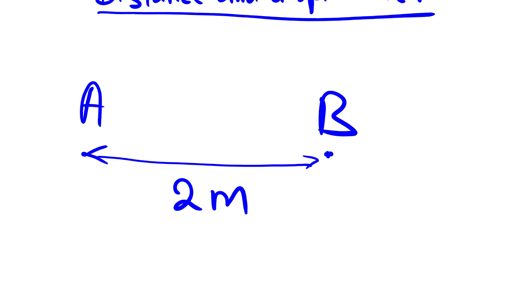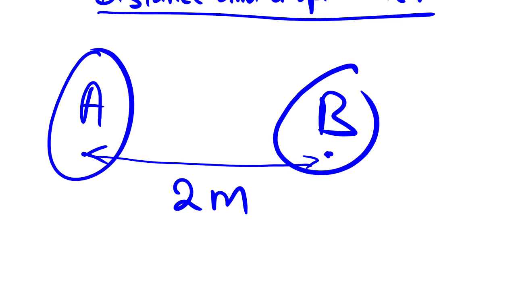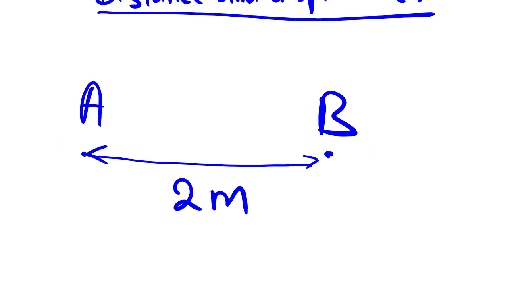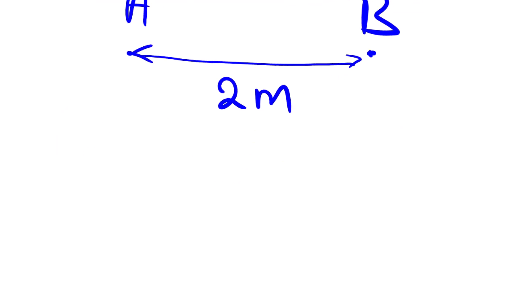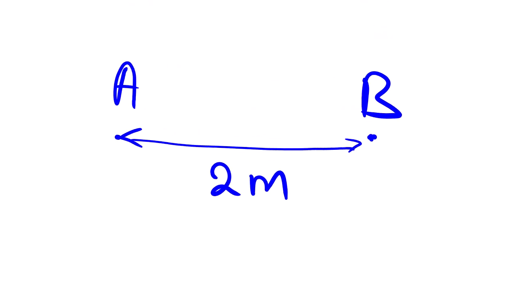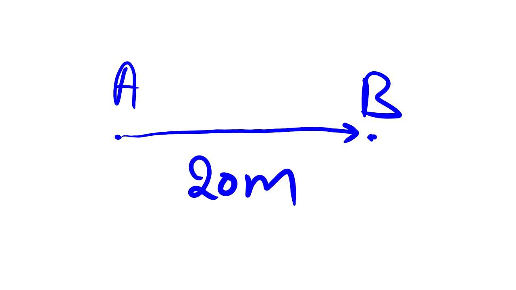But let's differentiate between distance and displacement, because here they are the same thing, because the displacement from A to B is 2 meters. It's like when somebody moves from this point to point B, then the distance that this object covers is 2 meters.